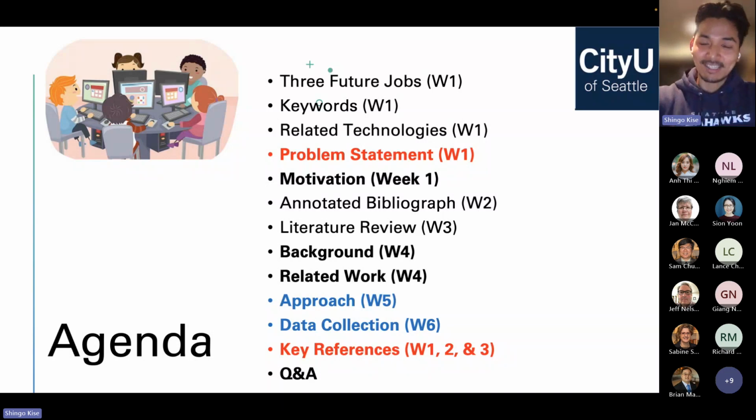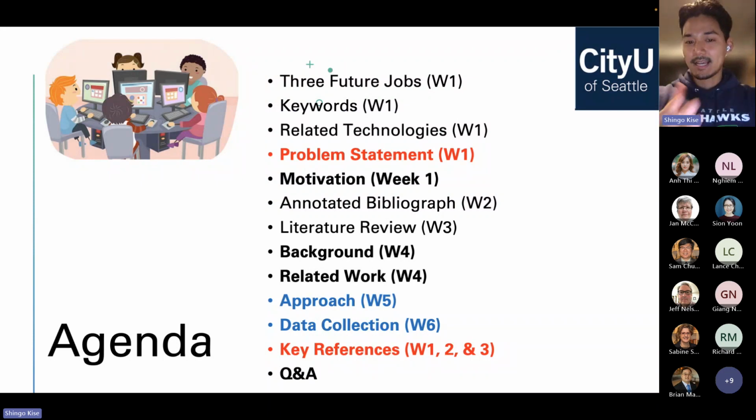And in week 2, annotated bibliography. That's hard to say. Basically, you gather all the resources, not from the internet really, but from ACM and journals, like those written by college students, doctors, researchers. Gather about 12 or more resources, and then you summarize how they're important for you.